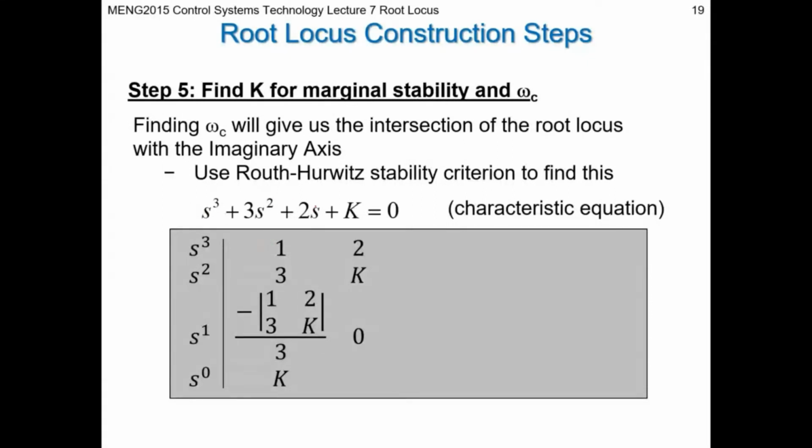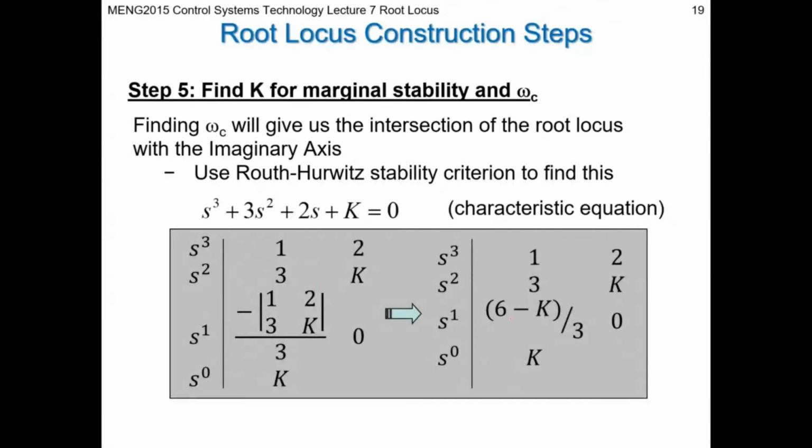Then we skip a term and put down the n minus 1th power of s coefficient, so that's 2. And then the next row, we go to s squared and k. Then we form the determinant. So when we cross multiply, we end up with 6 minus k because of the negative.